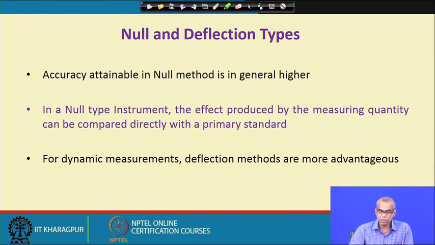For dynamic measurements, deflection methods are of course much more advantageous, because null type instruments require the operator's assistance to get the null point. In principle, it can be made automatic, but you have to make arrangements so that you can get the null point while the instrument is indicating the information about the measured quantity.